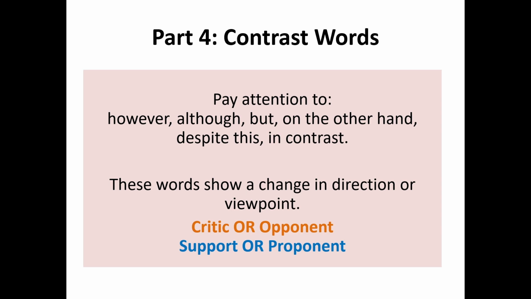If you miss this change, you may choose the opposite answer. So always pay attention to these words. Critic and opponent are in contrast with the viewpoint, but support and proponent are along with the main idea.